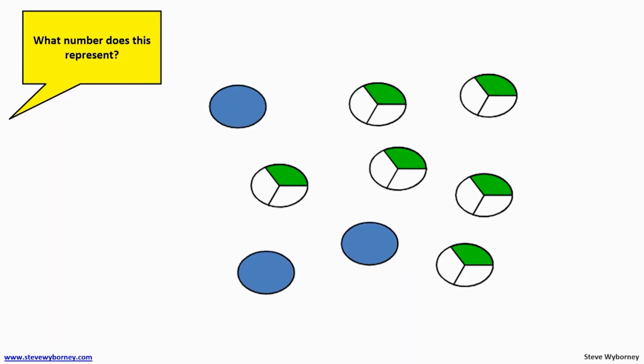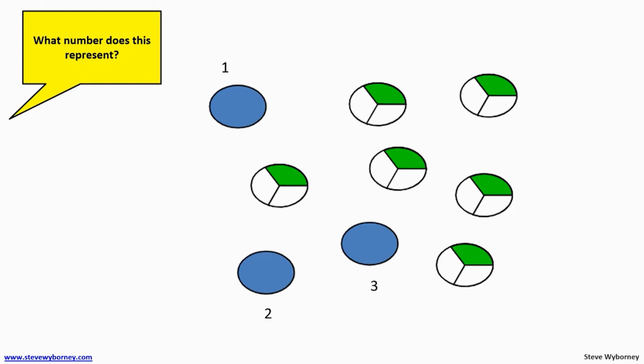Today's number sense routine is a splat. What number is represented in this model? Let's count the blue circles first. Since the whole circle is shaded in, I'm going to count by whole numbers. 1, 2, 3. Now the other circles are split into 3 equal parts, and one of those parts is shaded in green.